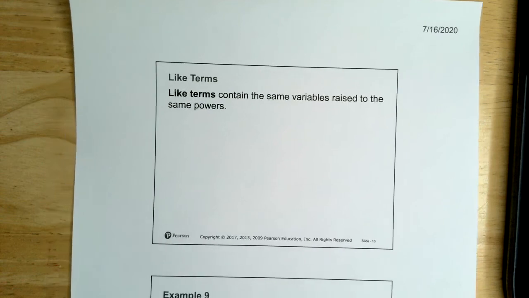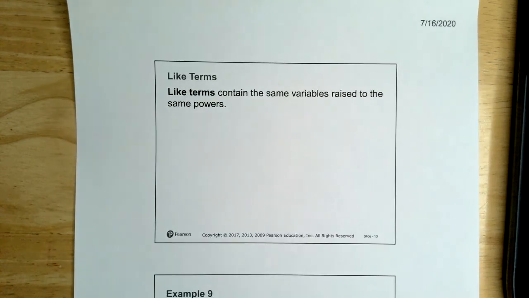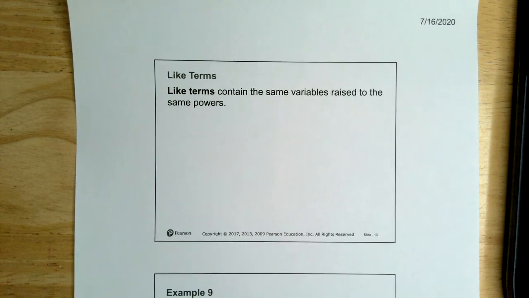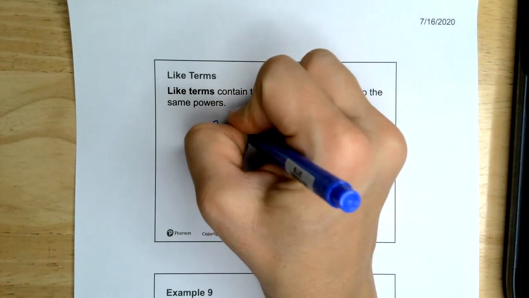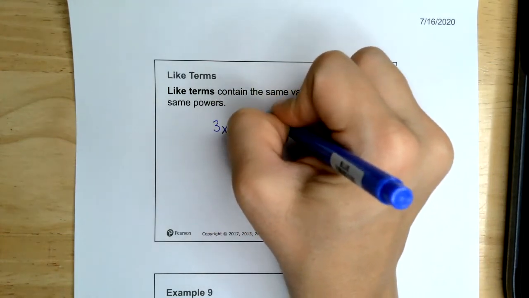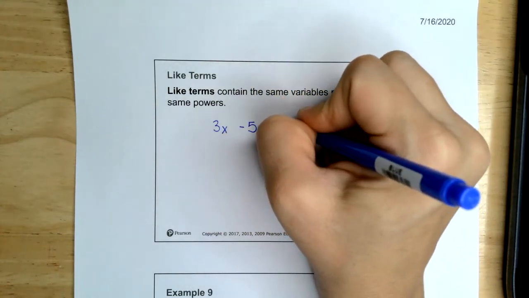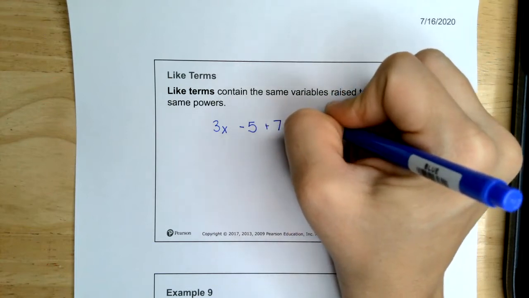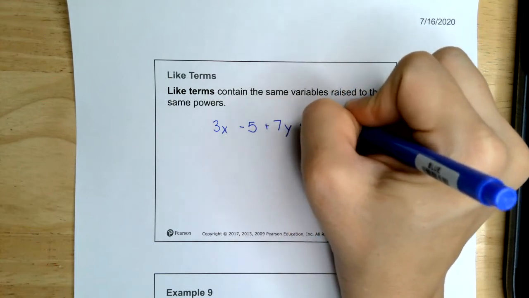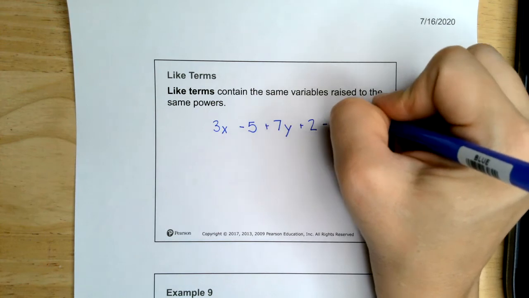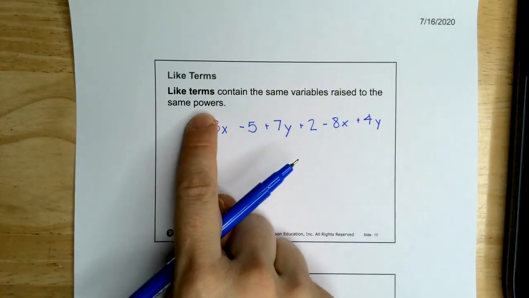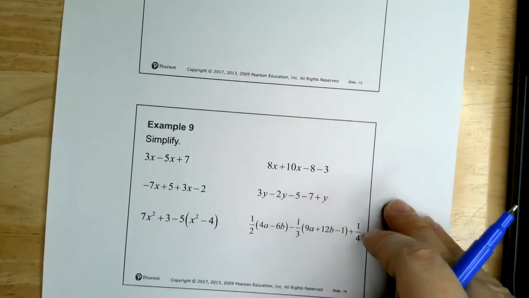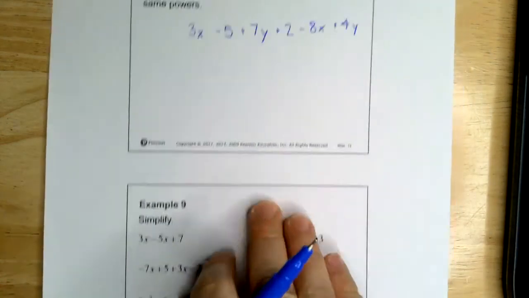Terms are just numbers and variables, all right? Like terms contain the same variables raised to the same powers. So I'm going to write 3x minus 5 plus 7y plus 2 minus 8x plus 4y. Good. These are only raised to the first power, but down here, we'll have some raised to the second power.